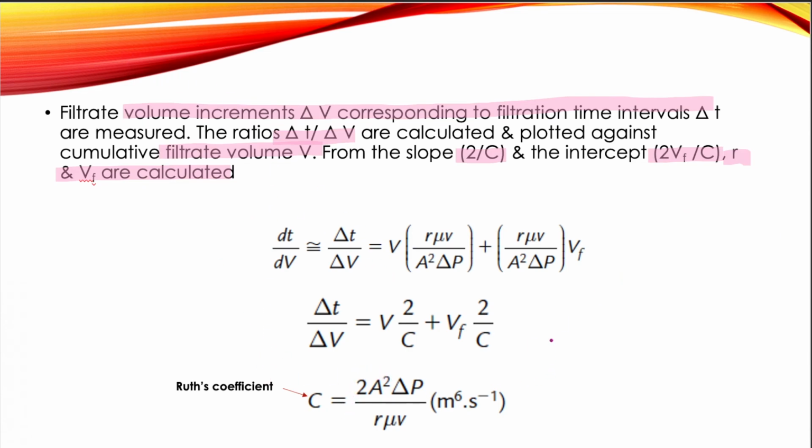It will give you the coefficient C, 2A squared delta P over R mu times the small v, and calculate it.